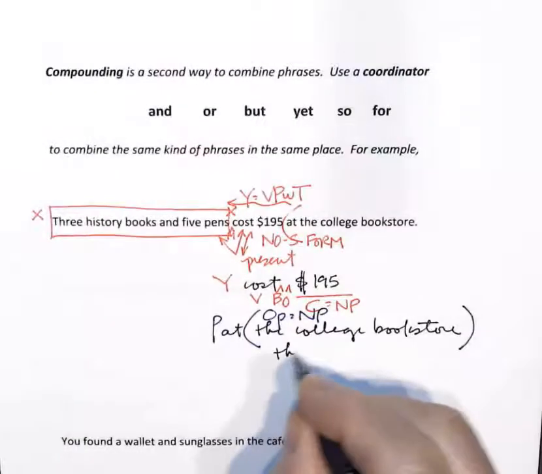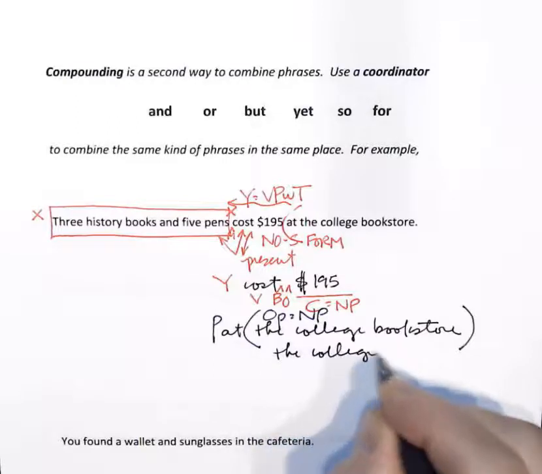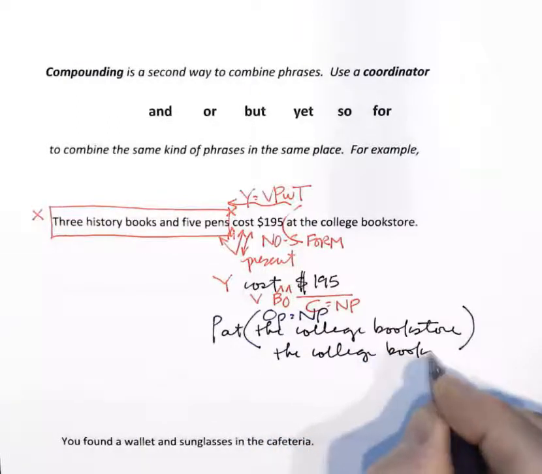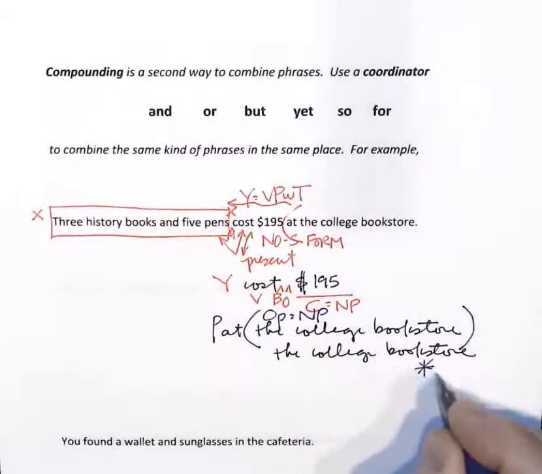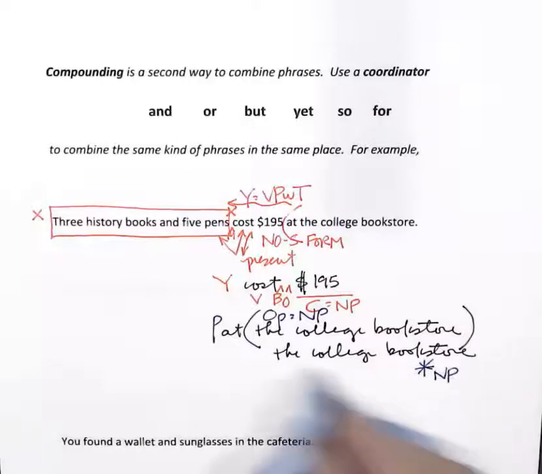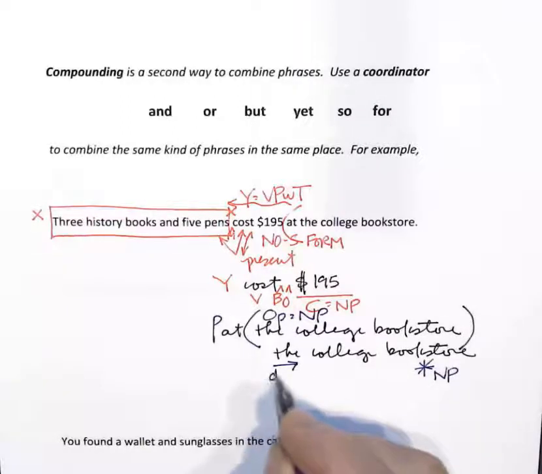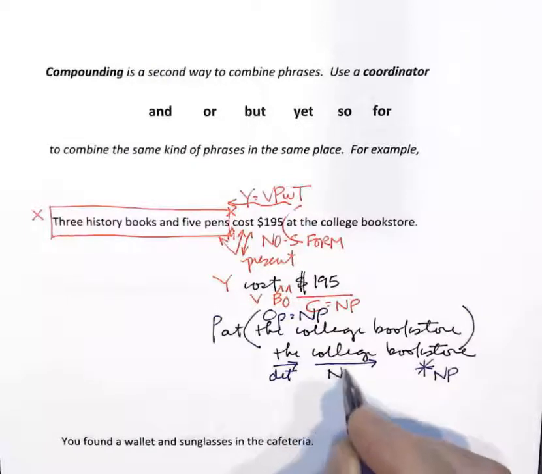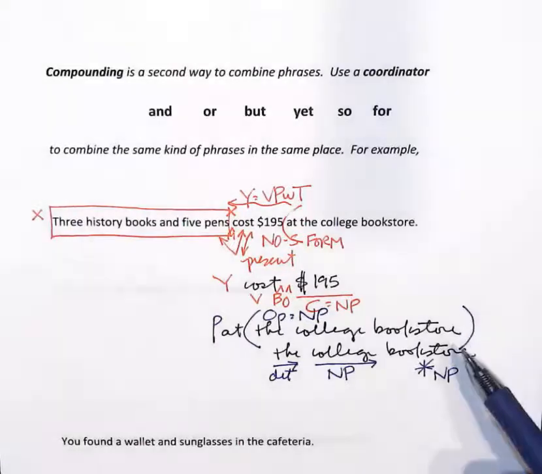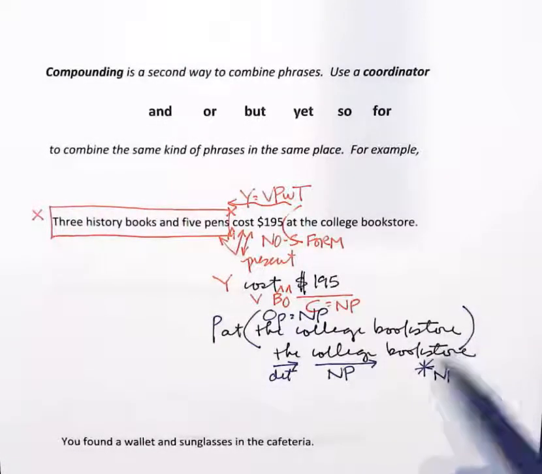Let's rewrite that. The college bookstore. And the head is bookstore. Determiner, the, and noun phrase, college.